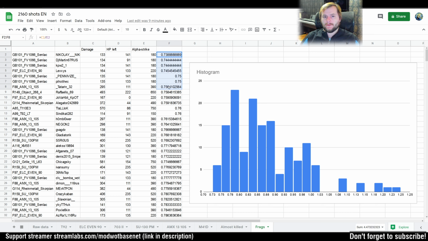And this column is just a measure of what alpha strike I made, like a distribution. All we know is that we have plus or minus 25% in all random values like accuracy, penetration, damage. That's why I use this info.